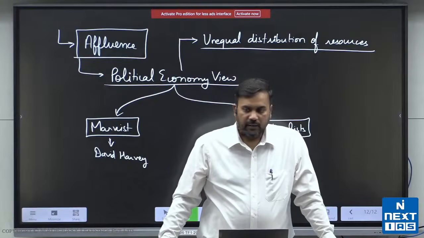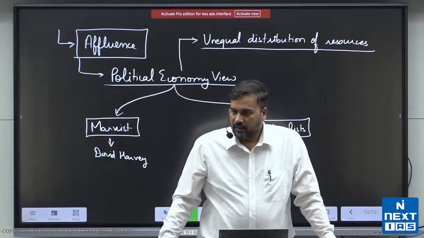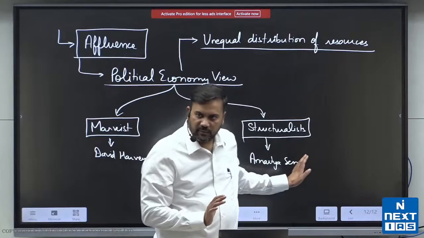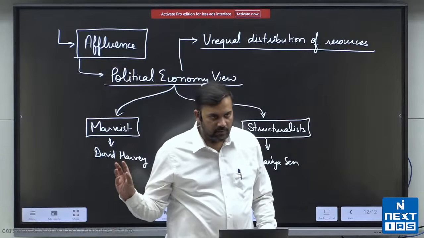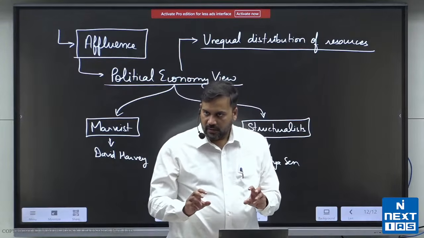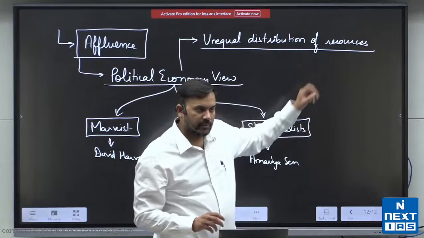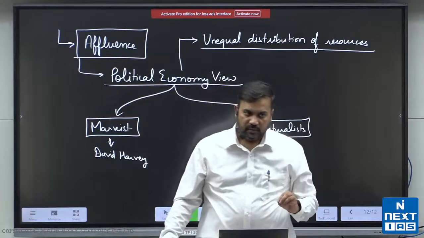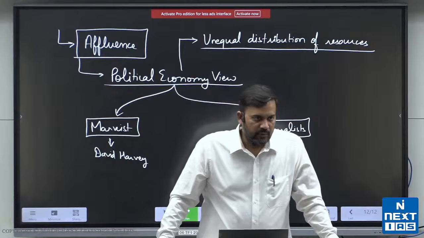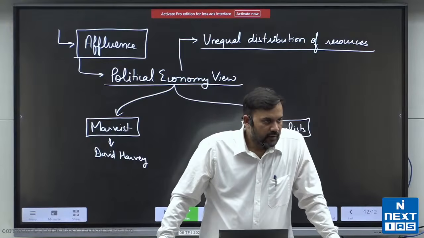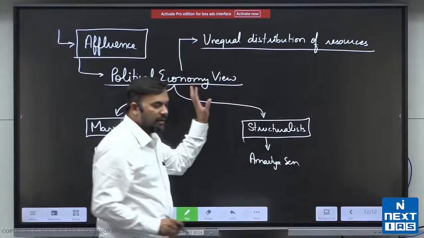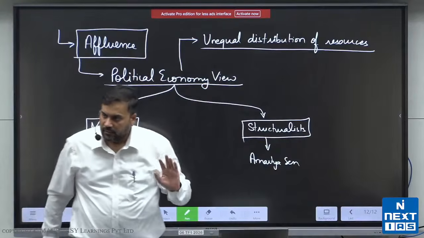They will ultimately, many systems will collapse. ठीक है. So they are not limiting, these structuralists are not limiting themselves to any specific type of political economic system. They try to find the flaws of unequal distribution in all type of systems. So they have given certain concepts which are applicable to all type of systems. ठीक है. So this is what is the political economy view of resources.